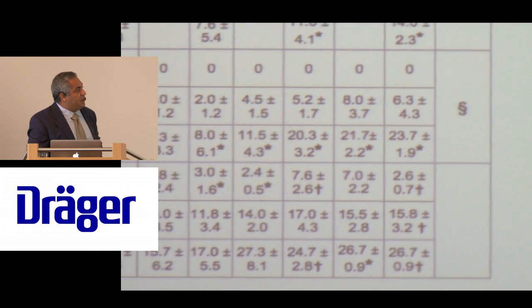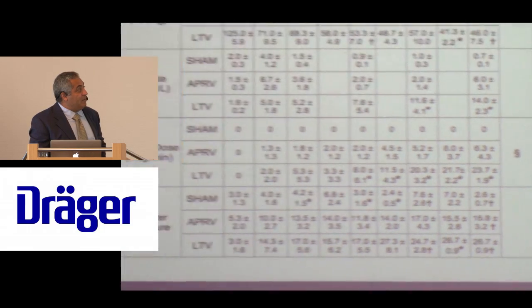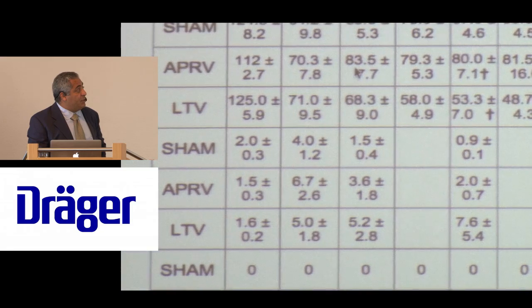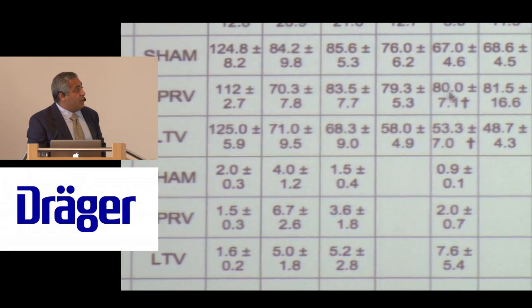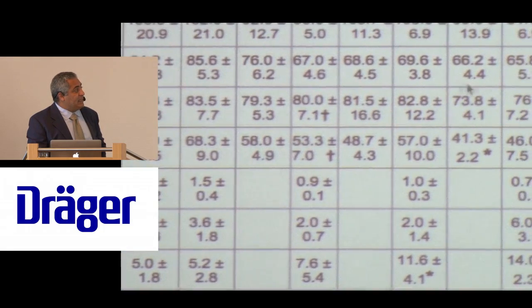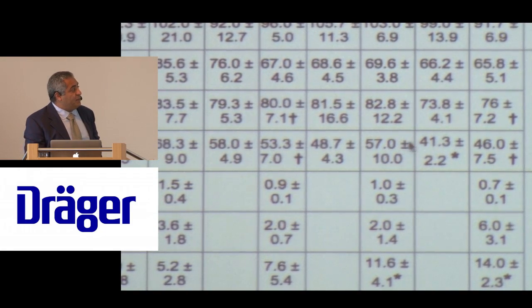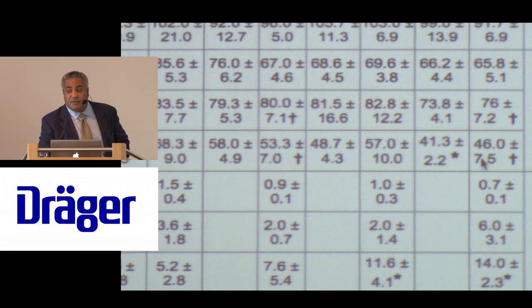And here is the blood pressure. You can see the low tidal volume in the beginning, baseline a little bit higher. But as you continue on, you see that we are mainly in the 80s and 70s here in the APRV group, and we come down into the 50s and 40s in the low tidal volume group.